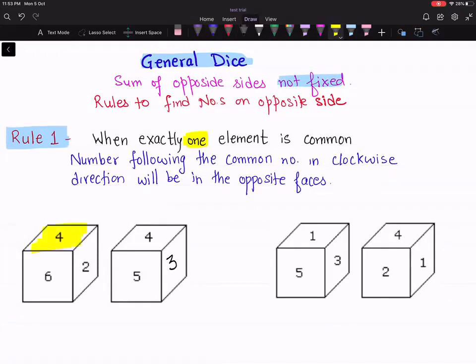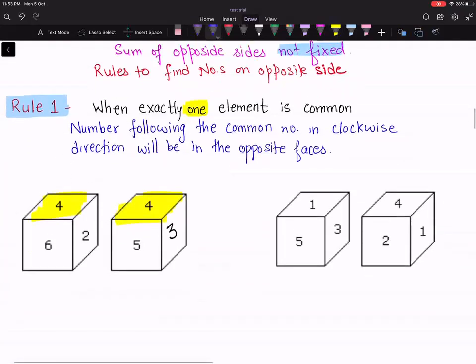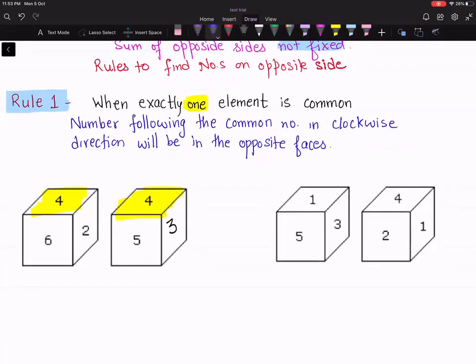So if 4 is common, then you write all the numbers in clockwise direction. From 4 you go clockwise, then is 2, then is 6. So you write it down: 4, 2 and 6. Here you write 4, 3 and 5, starting with 4 because 4 was common.